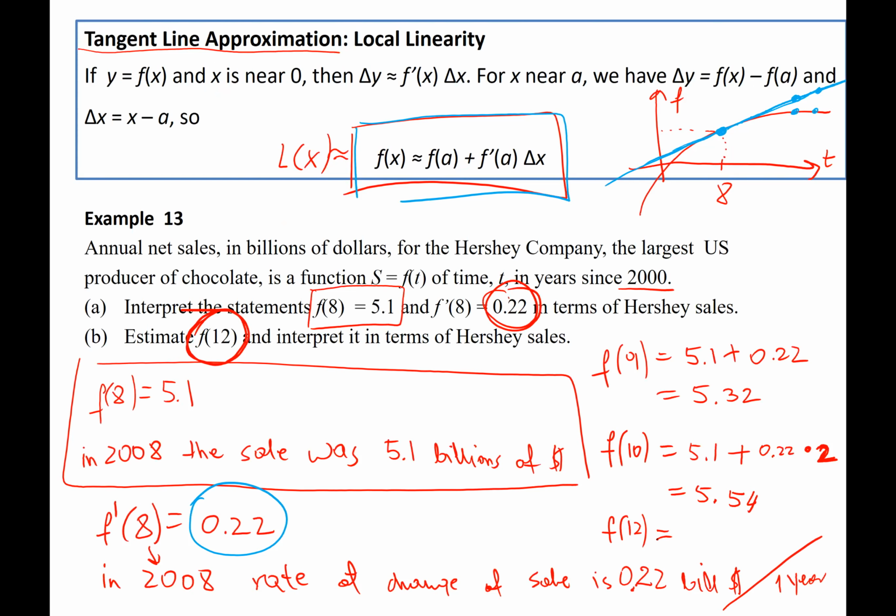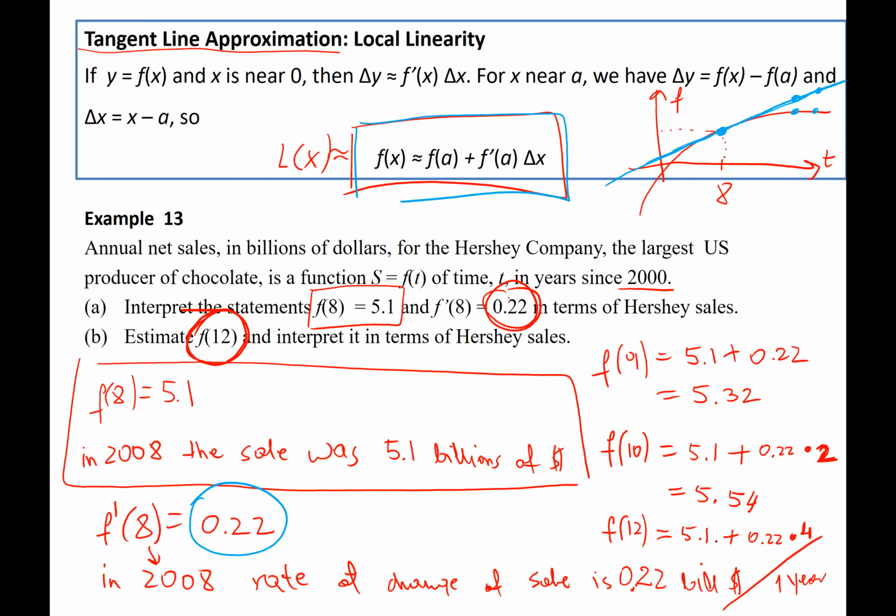f of 12 will be 5.1 plus the rate of change, 0.22, and how many years do I have to multiply? Because from 8 to 12, thank you, Sean, thank you for helping me, I have to multiply by 4 and then add to 5.1.